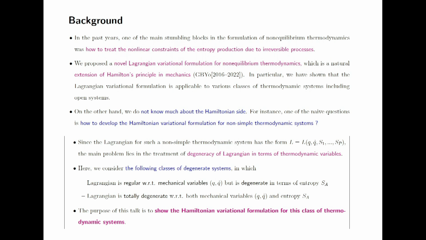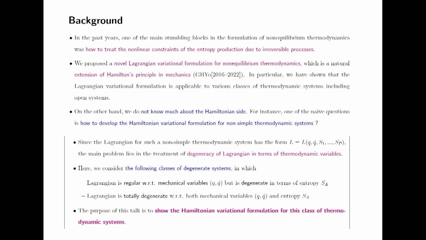In the past years, one of the most difficult problems in the formulation of non-equilibrium thermodynamics is how to treat the nonlinear non-holonomic constraint of the entropy production due to the irreversible processes.